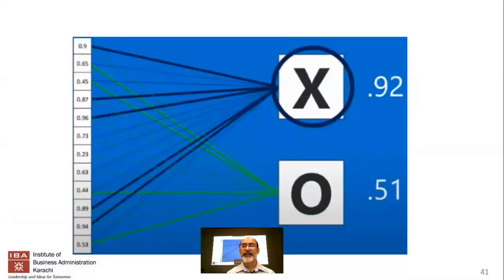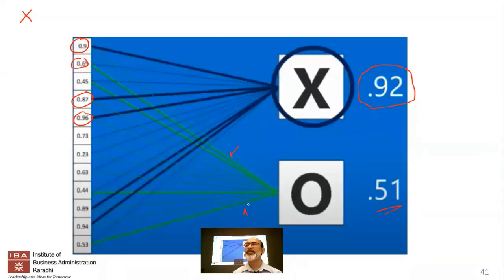So here's the final output. When you feed it an X, this number is going to come out large. Why? Because it's picking out these values. In this example, the O value is going to be small because the O is looking for these values. So you see the green lines over here?